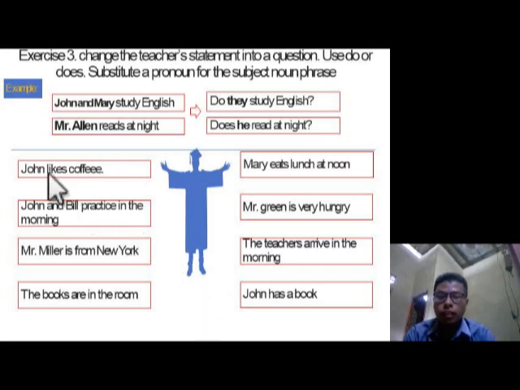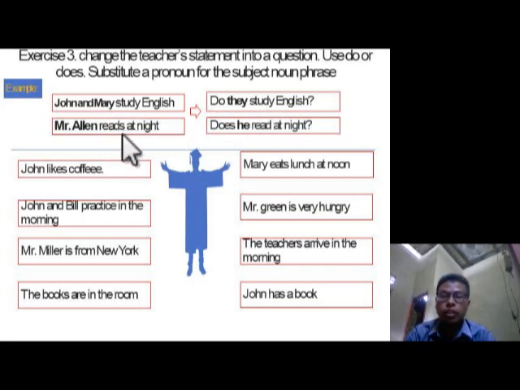Subjek yang sebelumnya adalah nama orang, kita ganti dengan menggunakan pronoun. Contohnya John and Mary study English. Ya, do they study English? Jadi John and Mary jika dijadikan pronoun maka menjadi they.